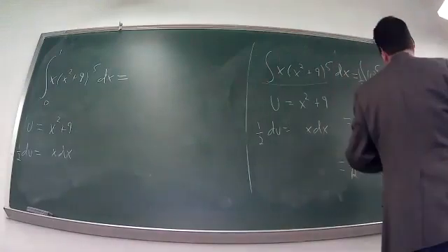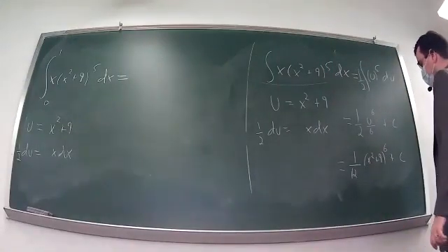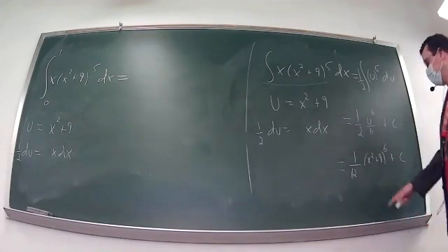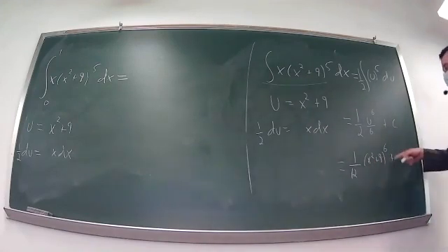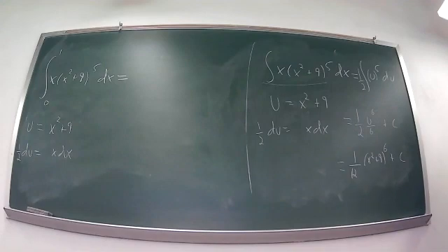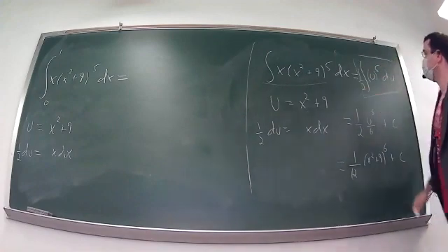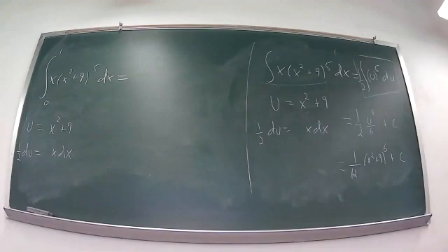And so the whole point of doing this is that you find an antiderivative. On the other hand, if I back up a couple steps, this is an antiderivative, right? It's just written in terms of variable u.